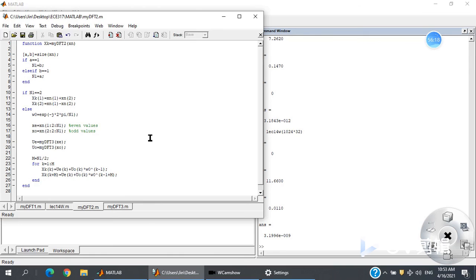You have to use FFT. But if you do not have MATLAB, what can you do? You can write something similar to this, transferred to any kind of programming language like C or Java. You can write the program similar to this.